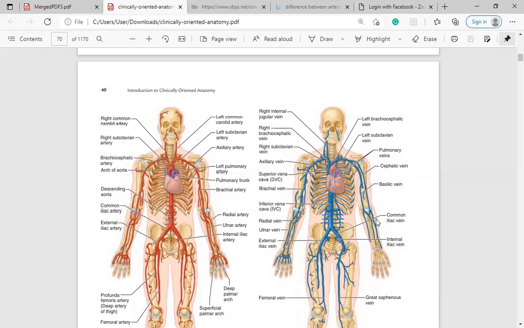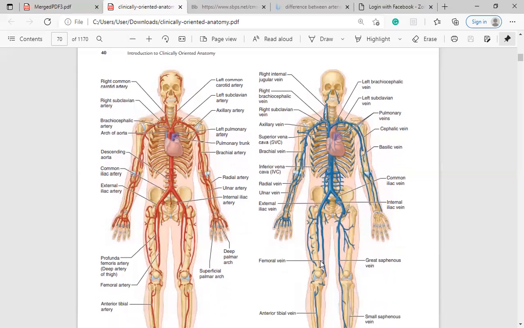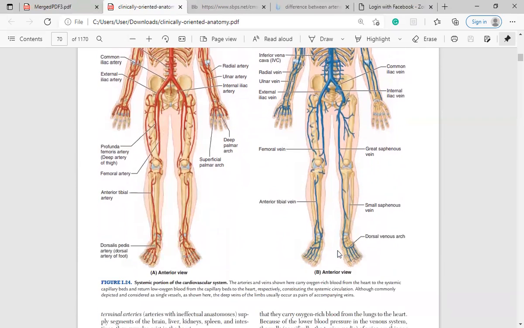And then you also find here, we already labeled this on the other side, radial and ulnar vein. From the lower limb, you have the great saphenous vein and the small saphenous vein. Then you have your dorsal venous arch where you had dorsalis pedis. And then you also have the anterior tibial vein and the femoral vein.